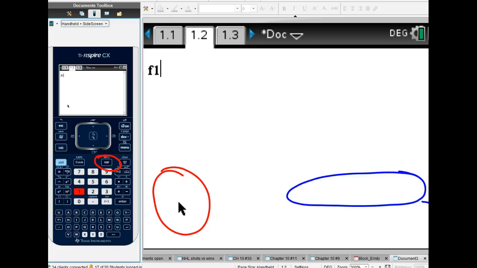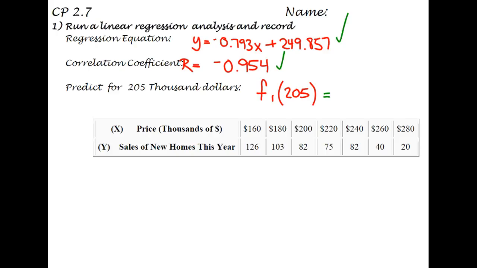F1, parenthesis, and then I wanted 205. 205, enter, and voila, 87.32. So 87 homes, round down, because we're just talking about homes. You're not going to sell 0.3 of a home. So go ahead and round down to homes. So that's going to be 87 homes.